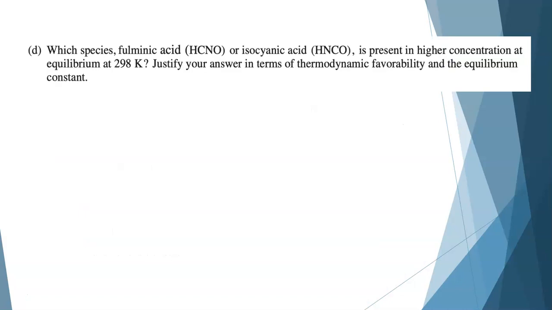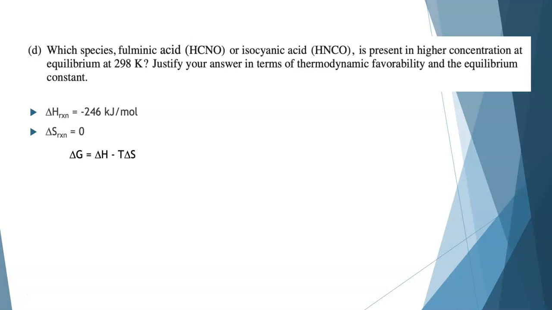Which species, fulminic acid or isocyanic acid, is present in higher concentration at equilibrium? Justify your answer in terms of thermodynamic favorability and the equilibrium constant. So we have to think about delta G and K here and how they're related. We had determined a couple of parts back that the enthalpy of reaction was minus 246 kilojoules per mole. And part C told us that delta S was approximately zero.